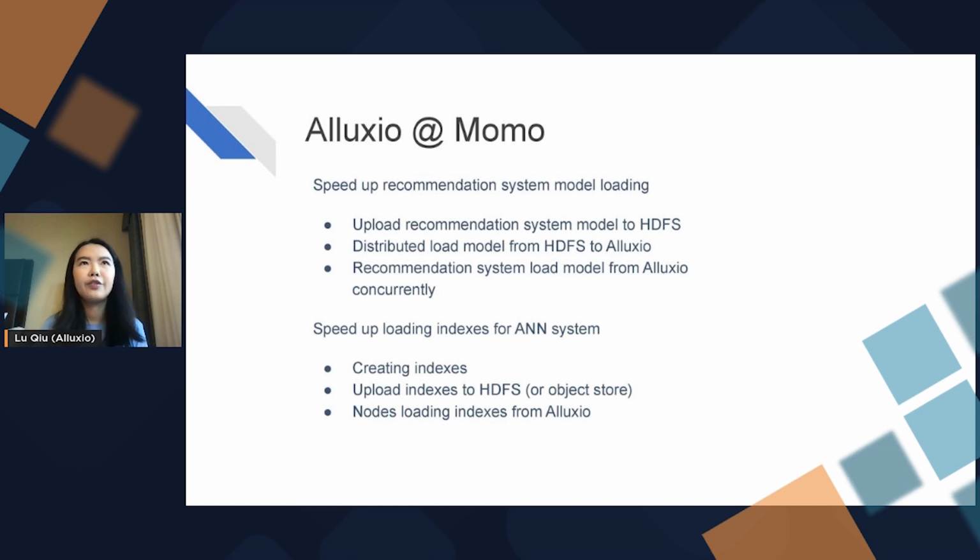If the load happened directly on HDFS, it might put really huge pressure on HDFS. But loading from Elastic, you can add and remove nodes based on the needs. So they just add more Elastic clusters or more nodes to speed up their model loading. And similarly, they use Elastic for ANN system index loading.